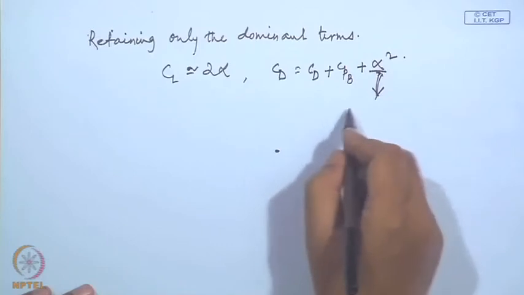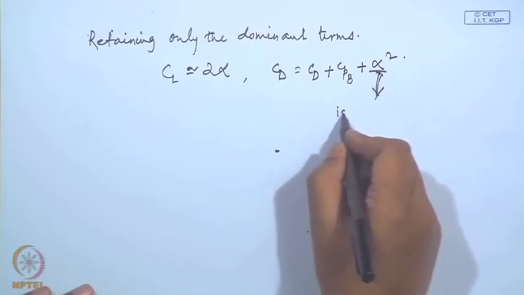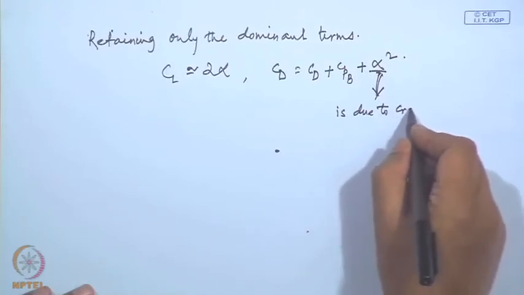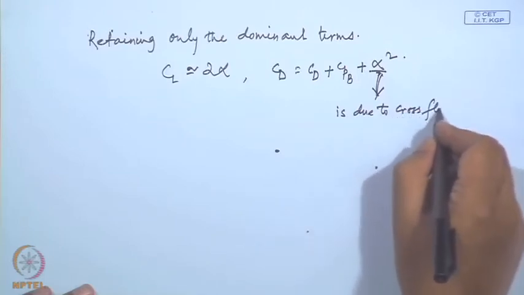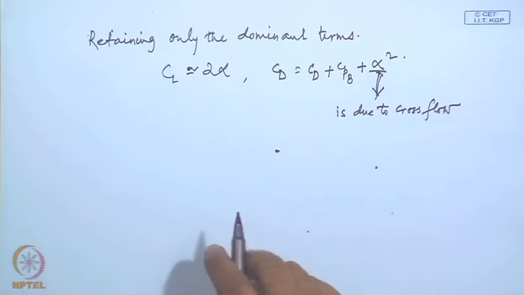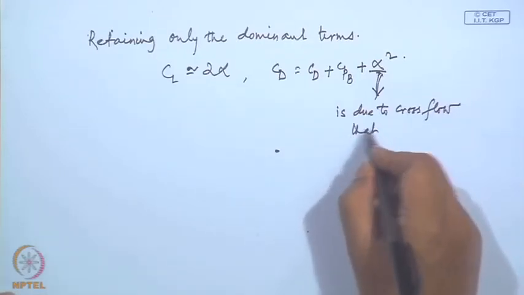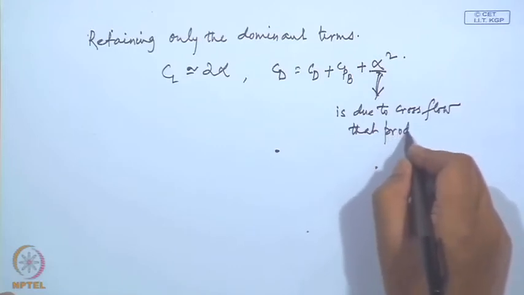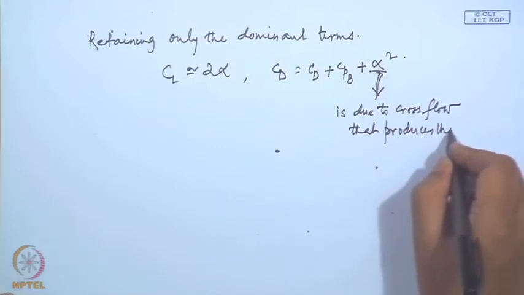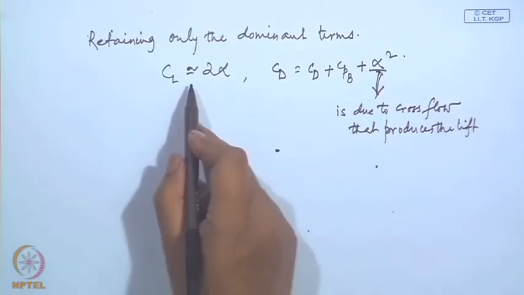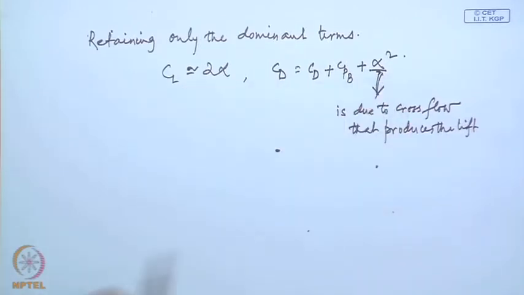This term is due to cross flow that produces the lift, and you see when lift is 0, this also becomes 0.